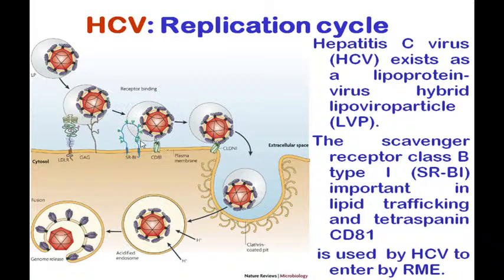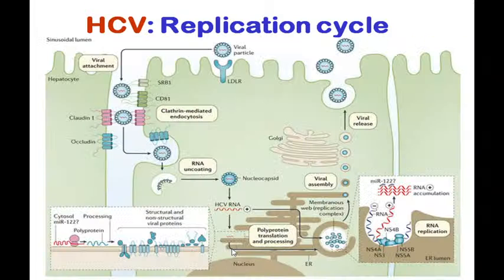So the lipoviral particle will bind with these receptors and enter by receptor-mediated endocytosis, into clathrin-covered particles. And then we have the uncoating, and the nucleocapsid will be released into the cytosol.